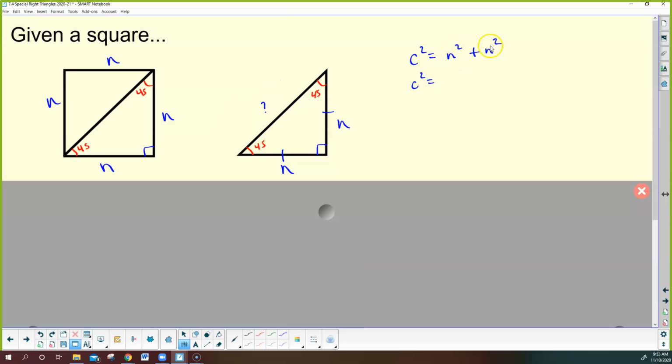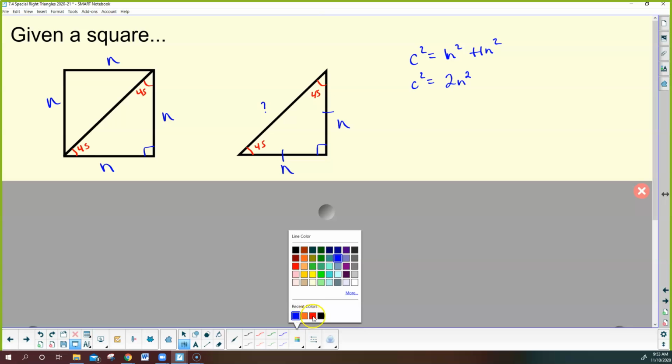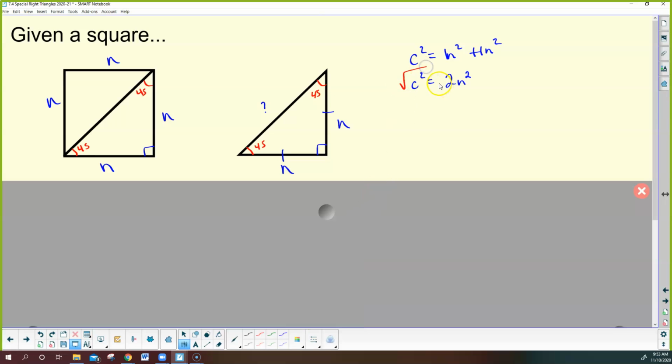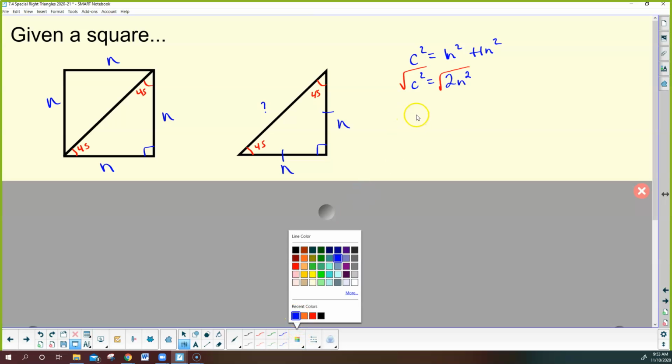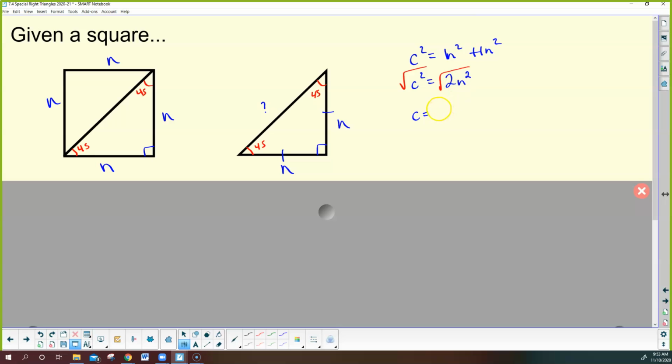Well, if I have n squared plus n squared, that means I have 2 n squareds, right? Got 1 n squared here, 1 n squared here. When I add them up, I have 2 n squareds. Then I have to take the square root of the whole thing. But as we've learned, the square root and a squared reduce each other out. And what I have here then is the square root of 2 times the square root of n squared.